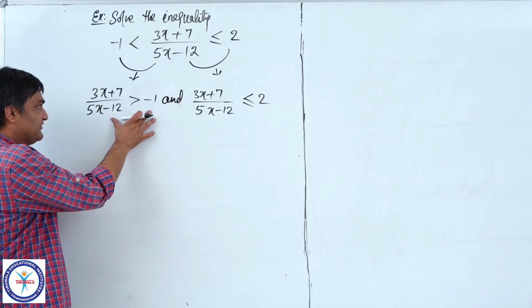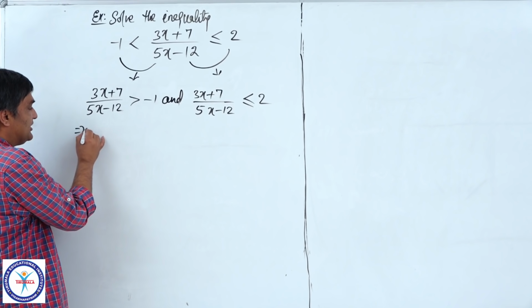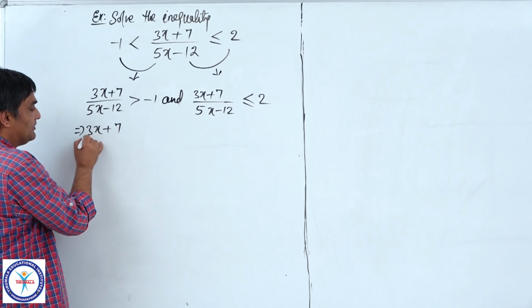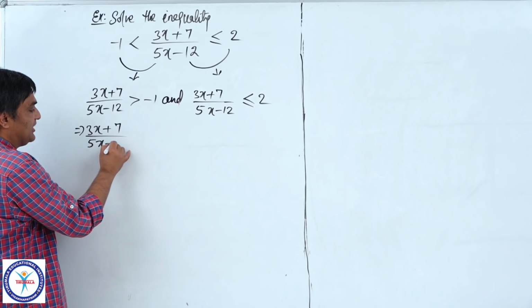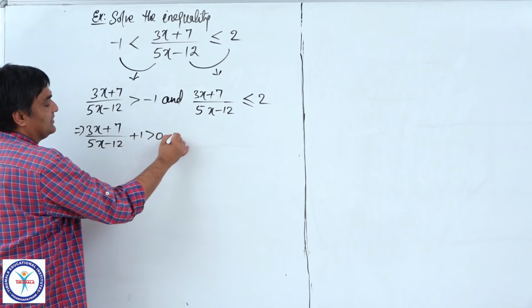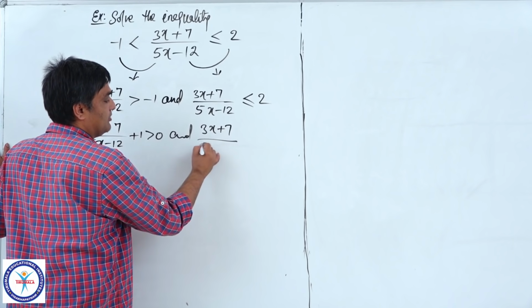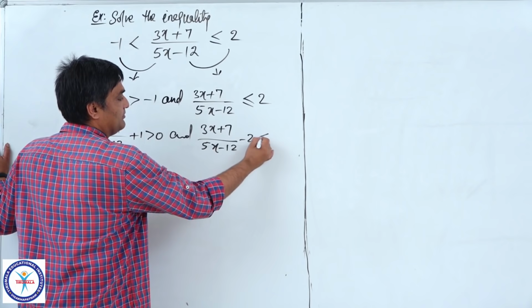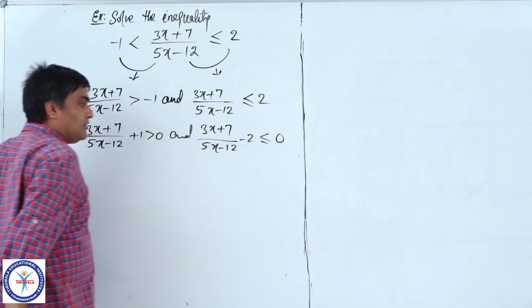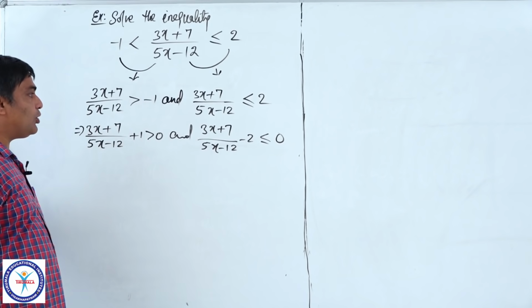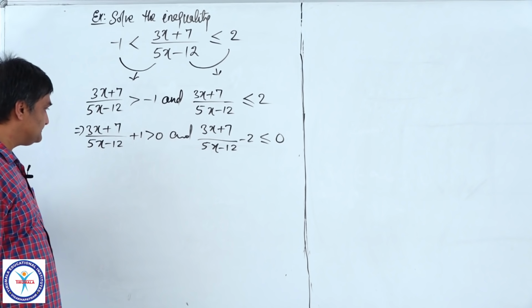Okay. So, in there we write add. Now relate by 0, 3x plus 7 by 5x minus 12 plus 1 greater than 0 and 3x plus 7 by 5x minus 12 minus 2 less than or equal to 0.